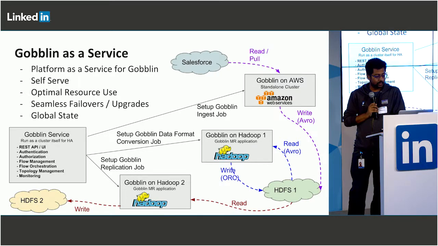You can just do a self-serve setup of a job through Gobblin service on the first instance, which is Gobblin running on AWS, reading from somewhere and writing out to HDFS. Then another job that would simply do a format conversion, another job that will replicate data. It would help you better make use of your resources, help you get a better global state of things, or just change your deployments behind the scenes without affecting the users.